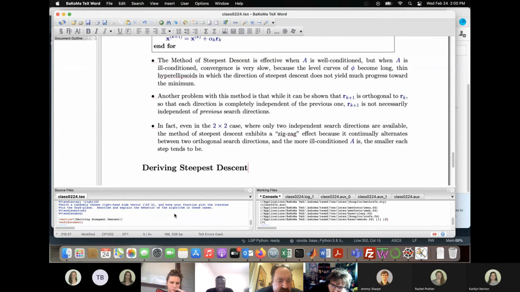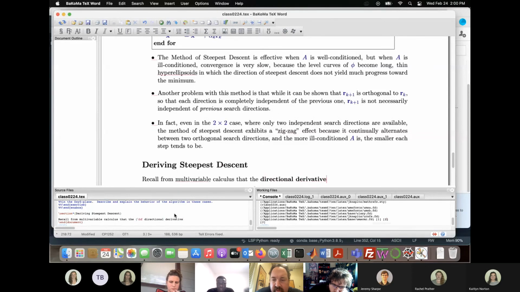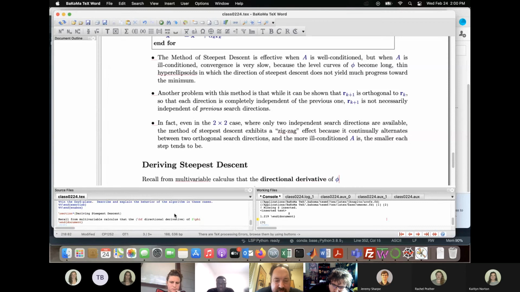All right. So first, an idea from multivariable calculus: the directional derivative of some function phi.